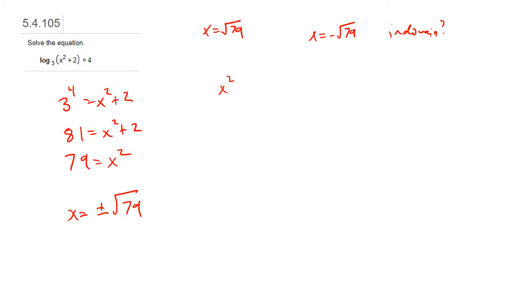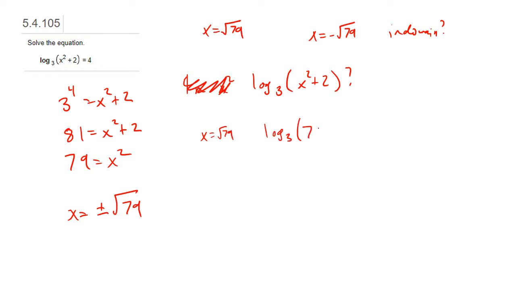Well, if I try to plug either one of these into the logarithm base 3, I'll have the logarithm base 3 of 79 plus 2. That's fine. I could continue computing, but I don't really need to. I'm just checking, is this even legitimate? 79 plus 2 is definitely positive, so this is in the domain.